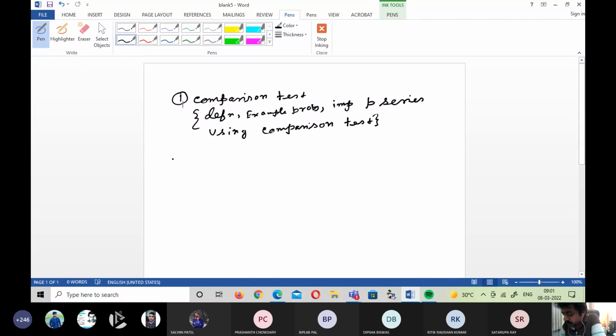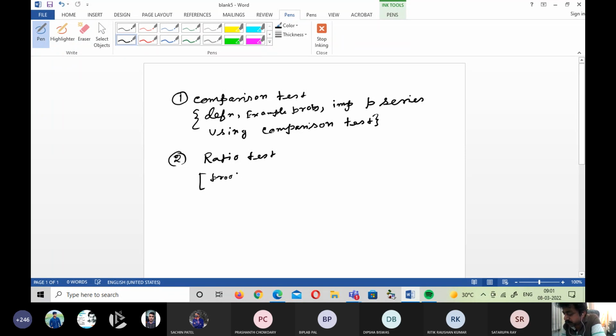Then we will discuss about, all of you just write it down, the ratio test. Here in this ratio test, first of all you have to prove the theorem.